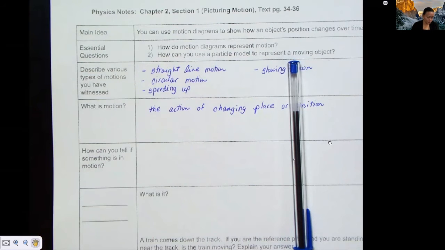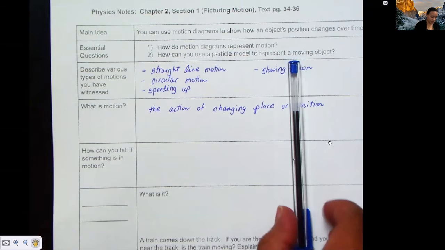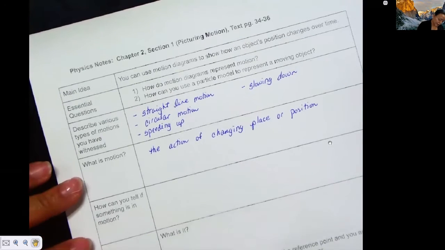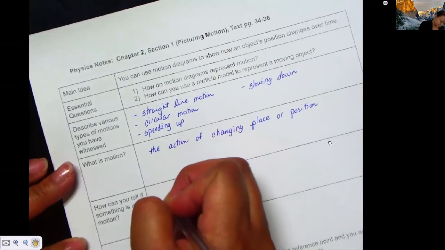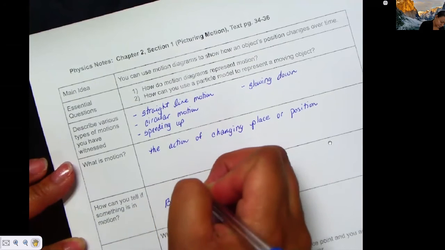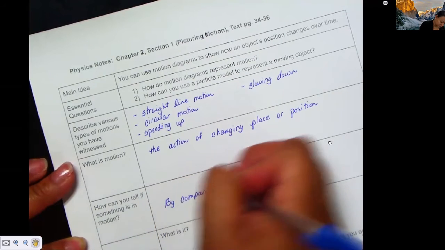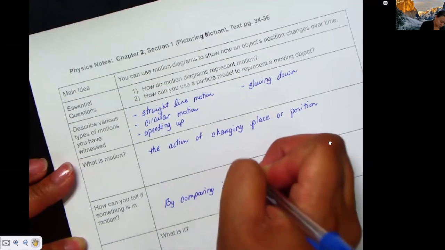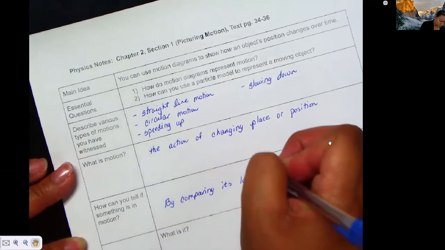Okay, so how can you tell if something is in motion? It's by using the background, or by comparing its location to its background.